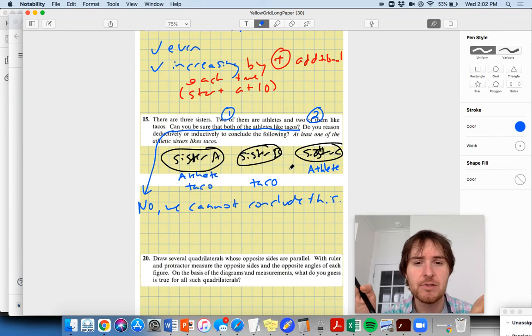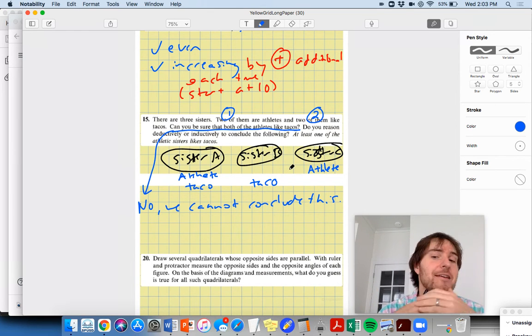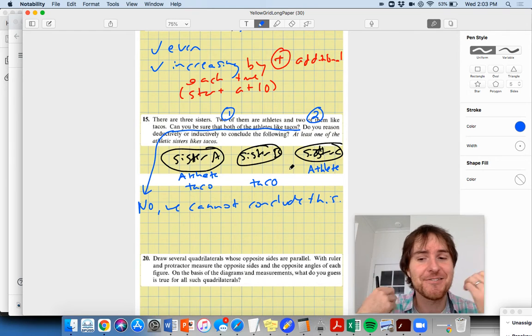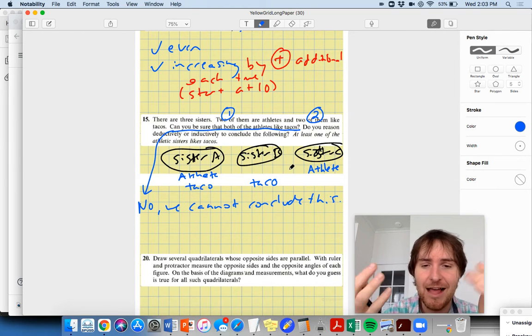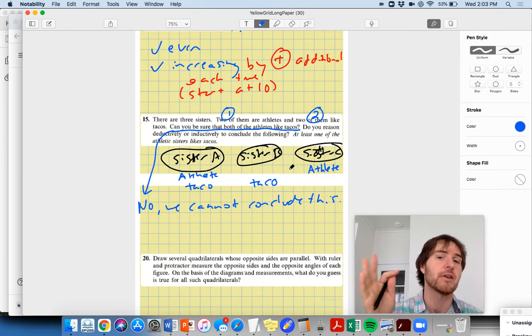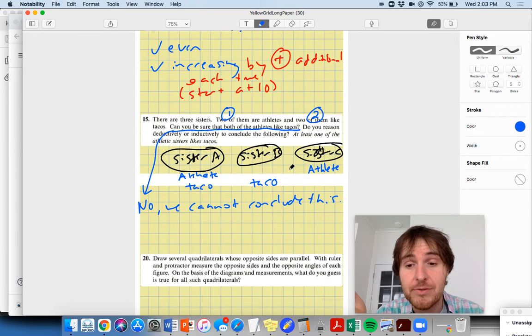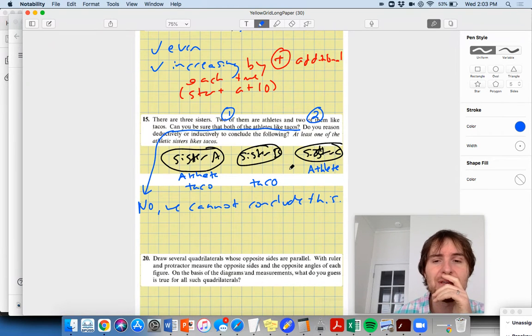If two sisters like tacos and two sisters are athletes, then we can't conclude that both the athletes like tacos. Odds are, if you're into sports, you're working out hard, you want to eat a lot, tacos deliver some good nutrition, but no, we can't be sure about that. Maybe like burritos instead. Who knows? So we cannot conclude that.